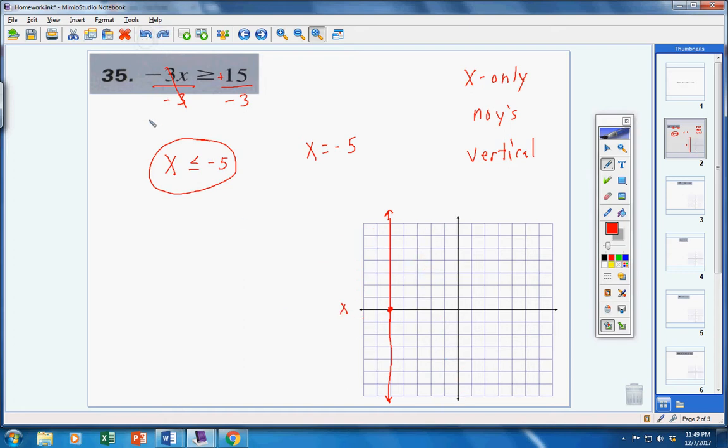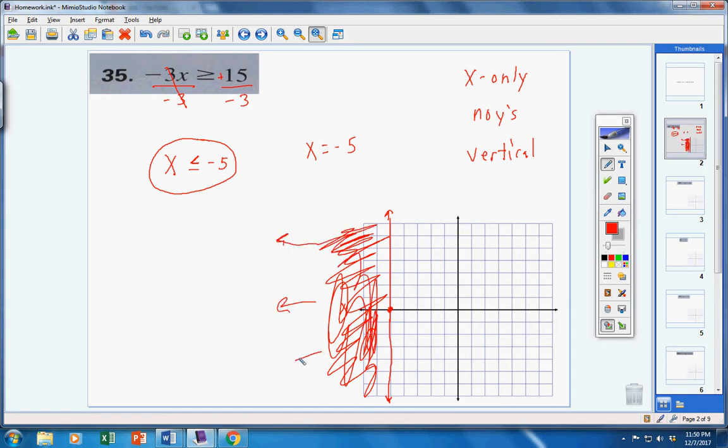Well, when your line is either vertical or horizontal, you do not need to test a point. So, it's vertical. X is less than -5. So less than would be over here to the left. And there we go. And this shading here goes on and on forever to the left.